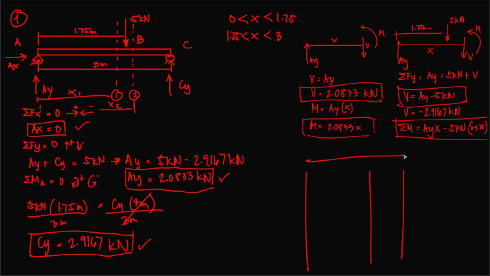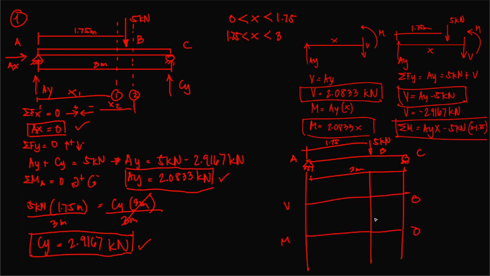This is where the point load is, and this is where the hinge and the roller is, A, B, and C. This has a measurement of 1.75 and this has a measurement of 3 meters. So onward, this would be the shear and this would be the moment.